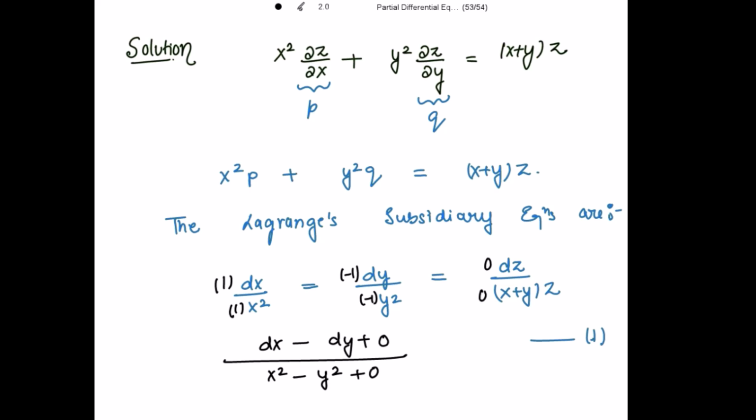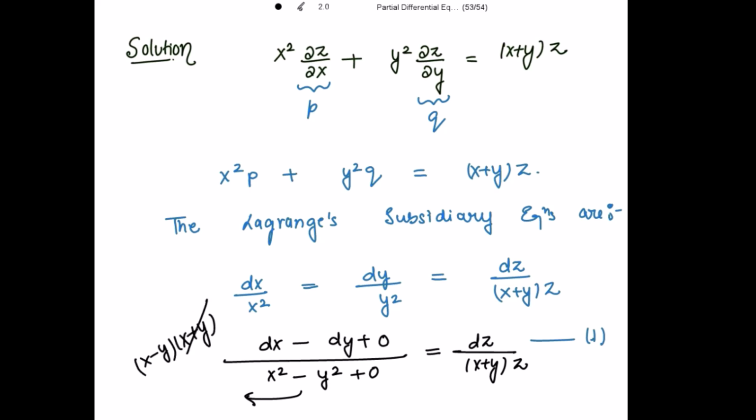You can either equate this to 0 or you can also equate this to any of these ratios. So I am preferring the last one. I am equating this to dz divided by (x plus y) into z, because I know that x square minus y square is (x minus y) into (x plus y). So that I can cancel this, and we can now integrate this very easily, right?